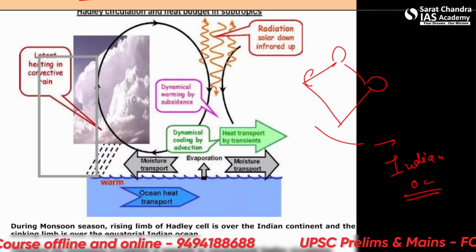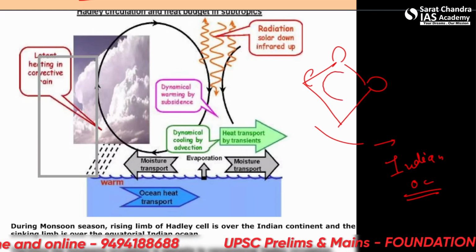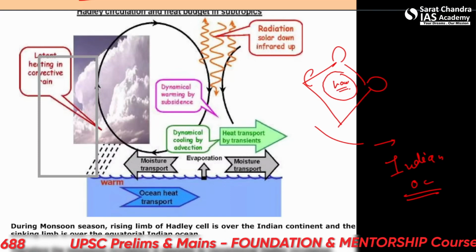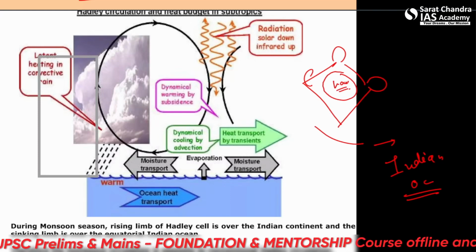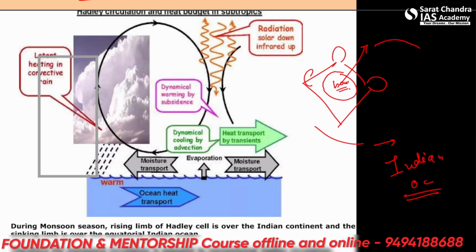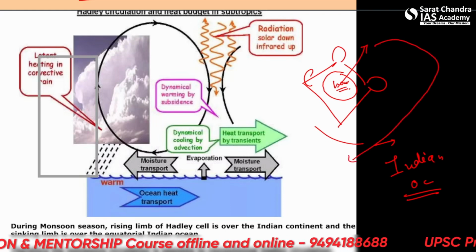So during the monsoon, what we are seeing is that low pressure zone is being created here. Alright. So the rising arm of the Hadley cell is above the Indian subcontinent, and it's coming towards this side. Okay.